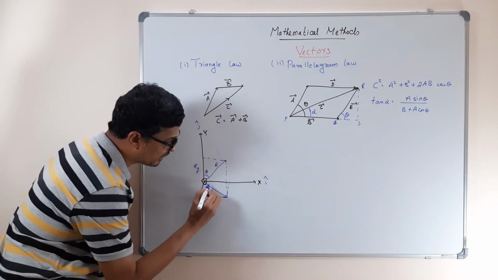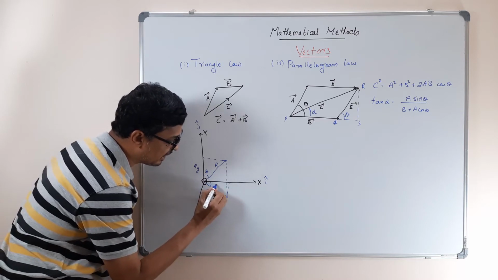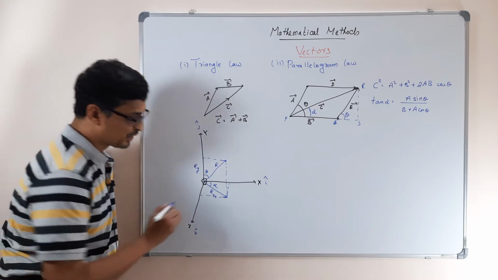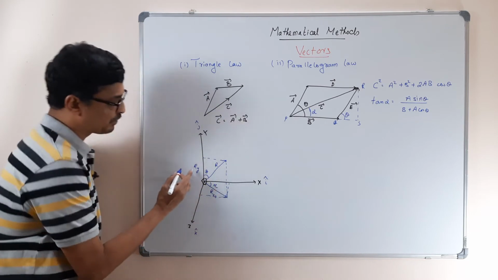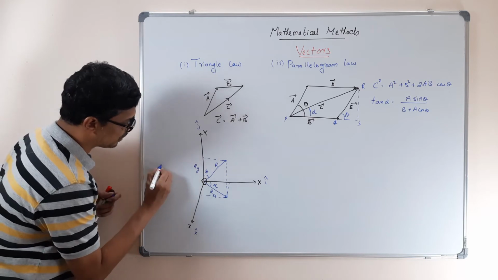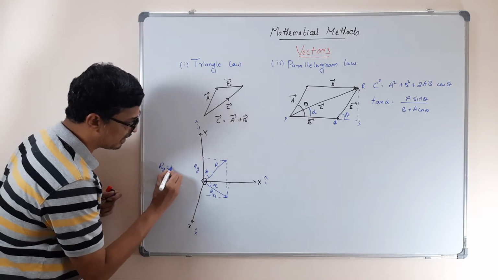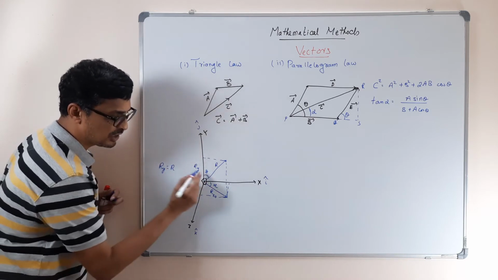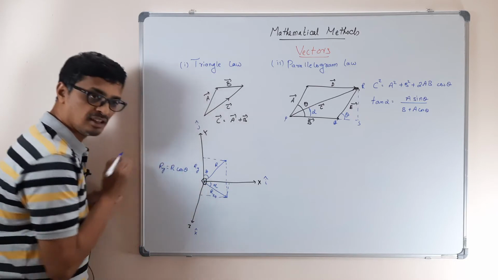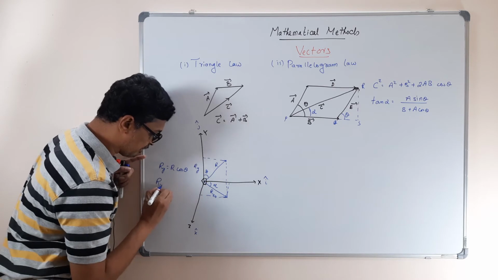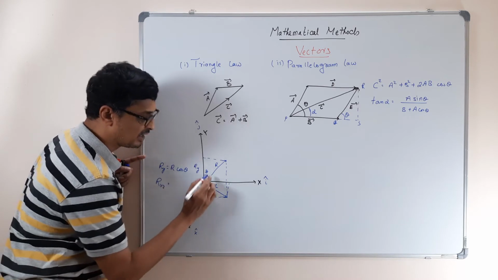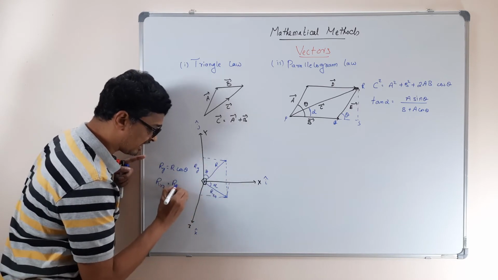If I call this angle alpha, then ry will be r cos theta, and rxz will be, tell me what it will be? Yes, r sin theta, correct?